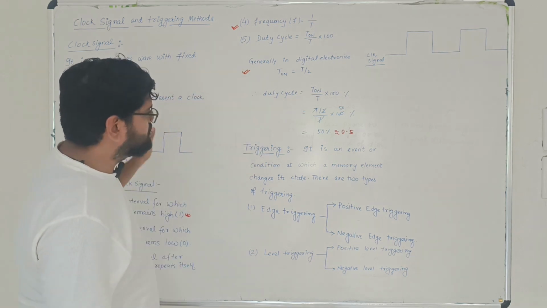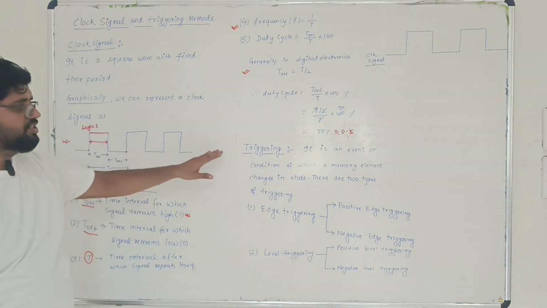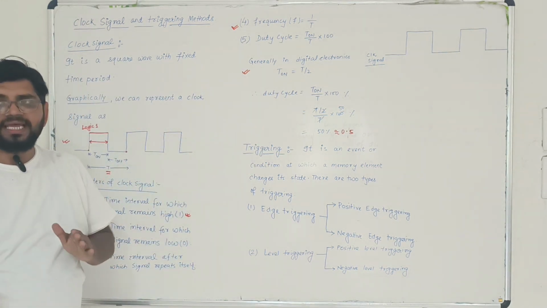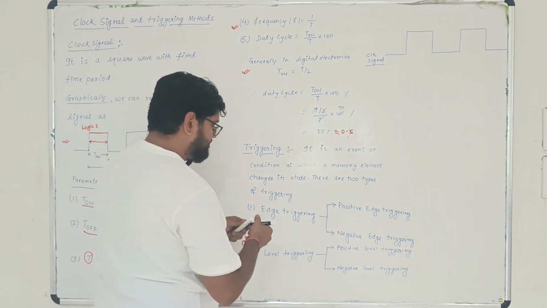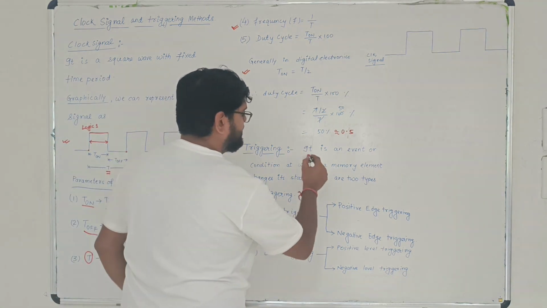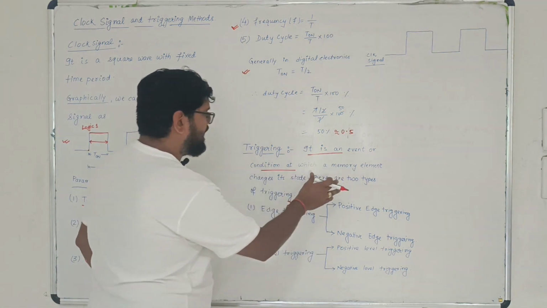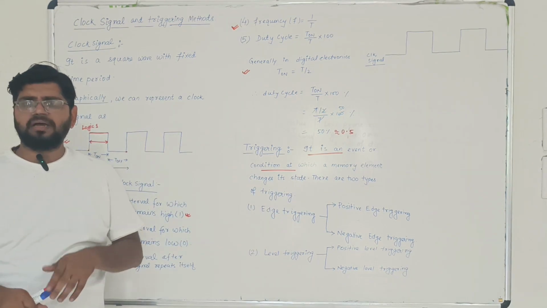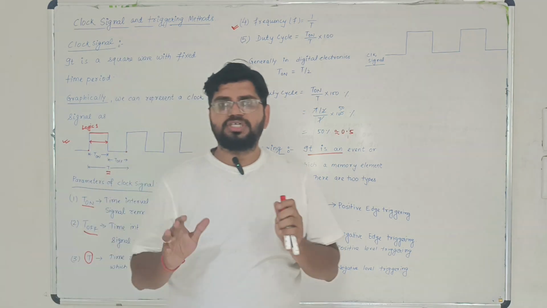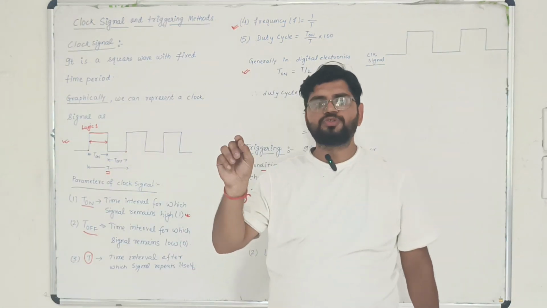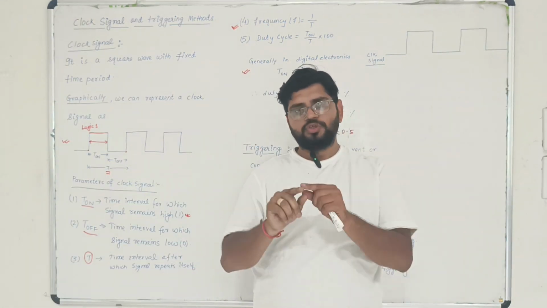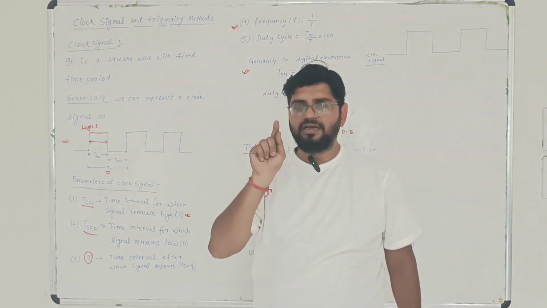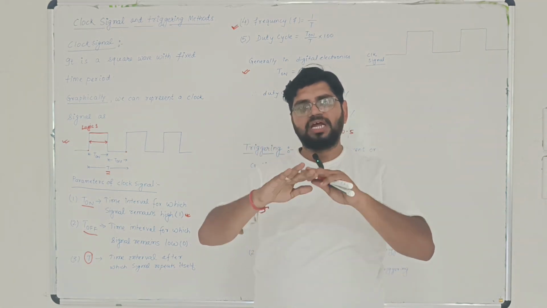Now, once we know about the clock signal, the next point of discussion is triggering. What exactly is triggering? Triggering is an event or condition at which the memory element changes its state. I'm giving you a simple example: take a bistable switch. If you press on, your switch becomes on and the light glows.